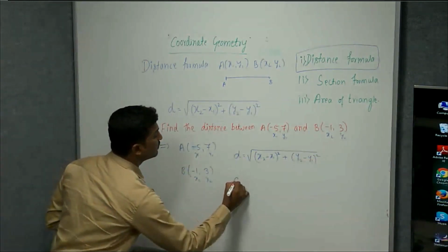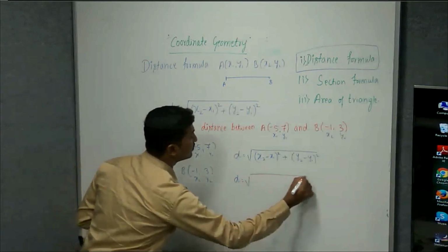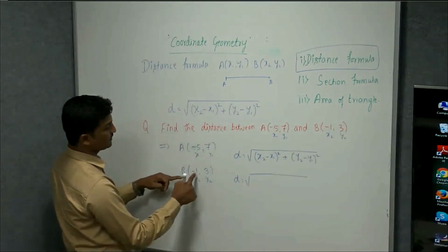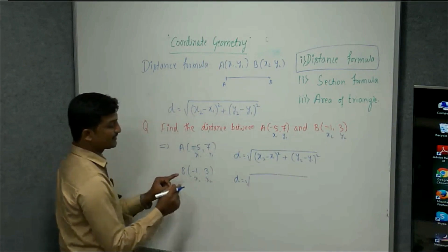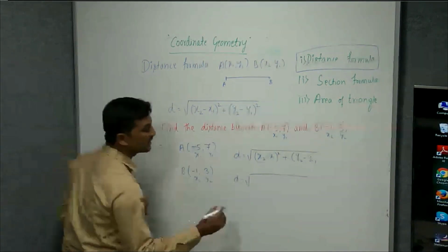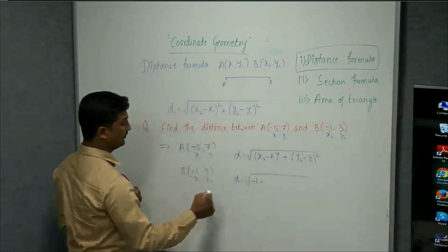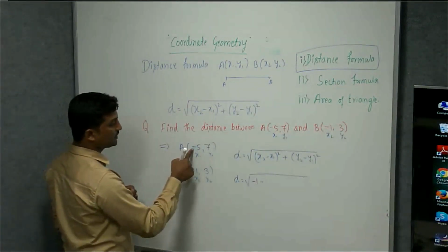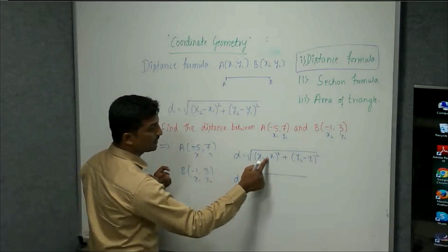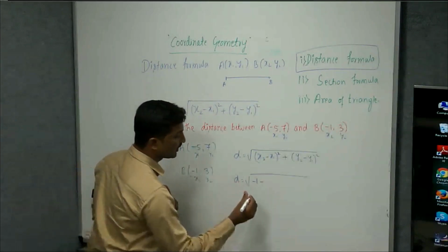What is D? D is equal to, what is x2? x2 is minus 1. Please write the coordinate along with the sign. Minus 1 minus of what is x1? That is minus 5. You see, this minus is from the formula and we have one more minus.